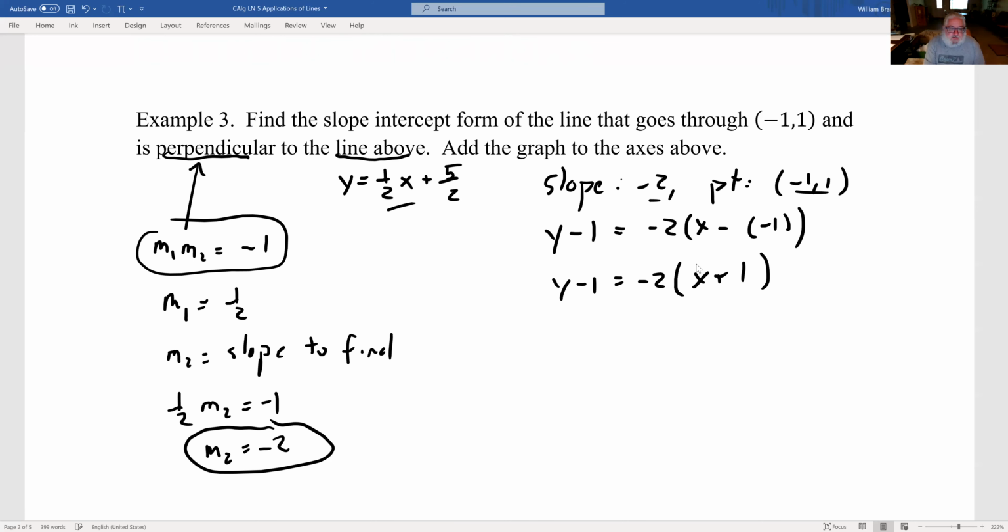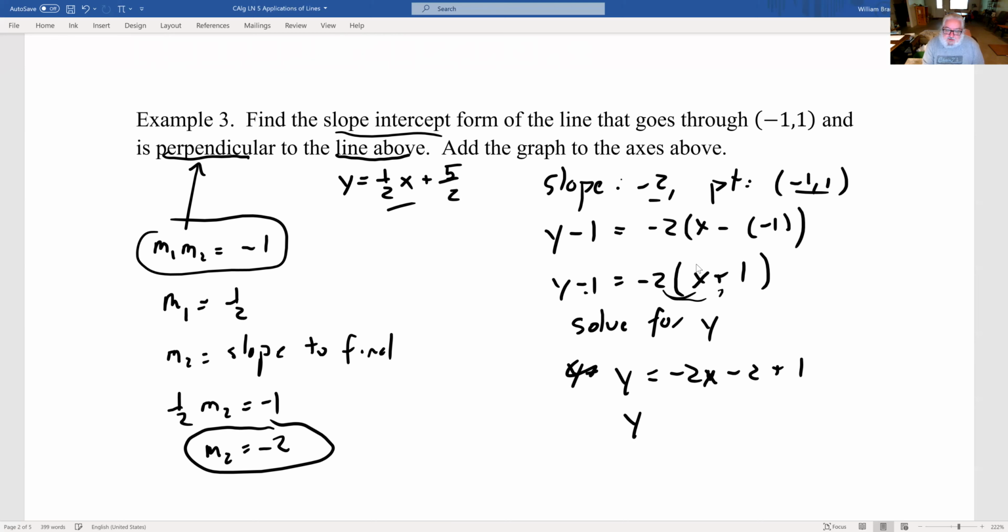To find the slope intercept form, we solve this for y. So we get y equals -2x minus 2. That's distributing this -2 to both of those terms. And then we add a 1 to both sides. We get y equals -2x minus 1. So that's our perpendicular line.